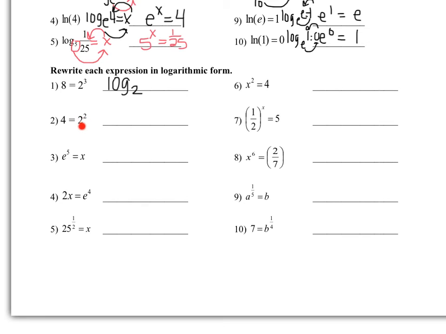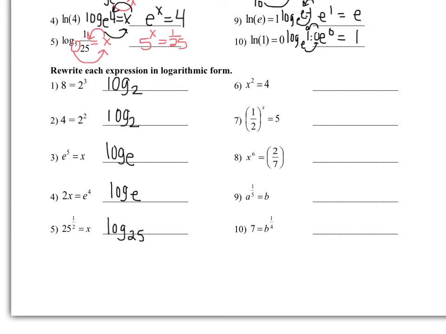If this has a base of e, I'm going to start by saying log base e. This is the base, that's the exponent, so we'll say log base 25.